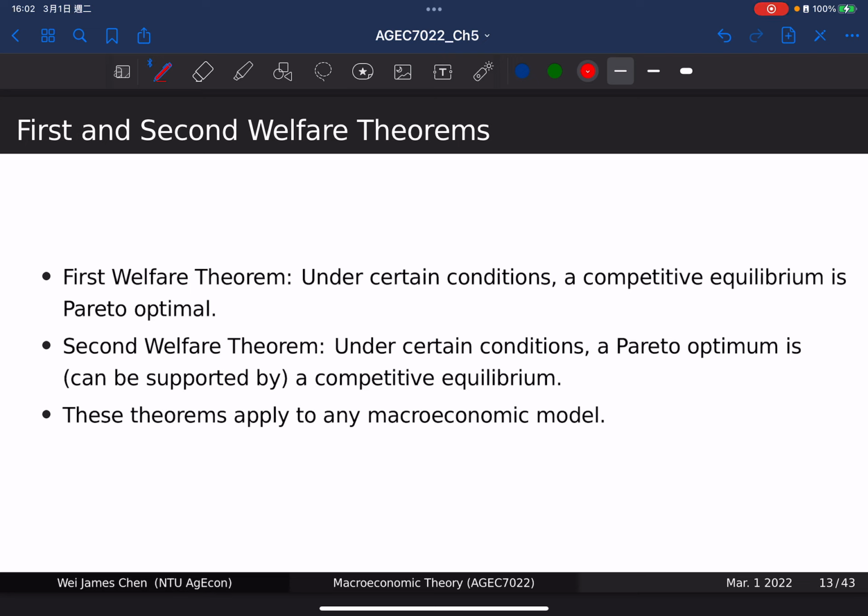So we will actually show them for other models as well. But this one is the easiest one. So try to make sure you understand what I mean by CE is PO here. Then from now on, later on, you'll find those more complicated models easier to understand.